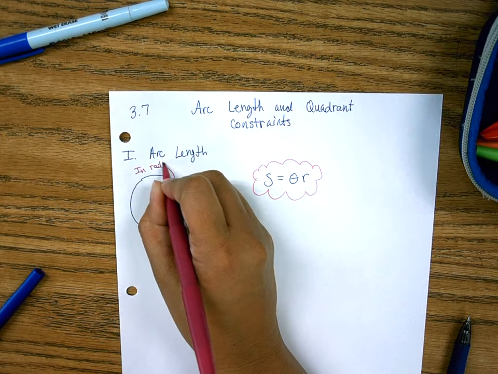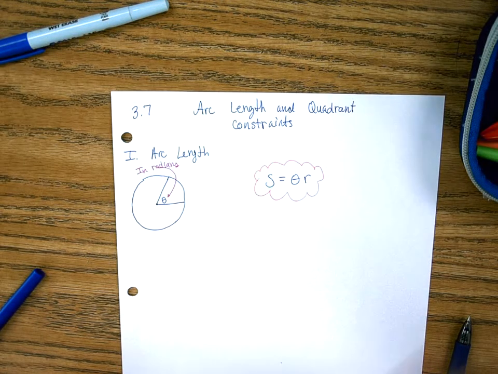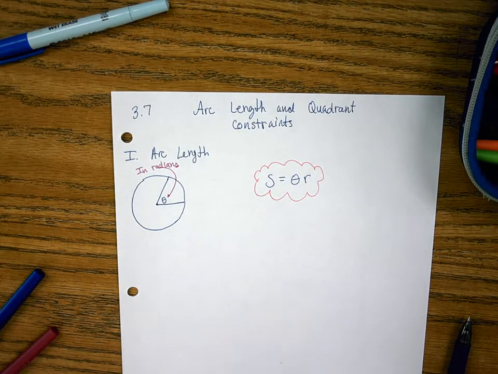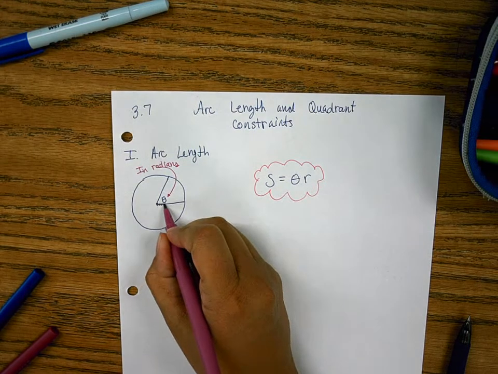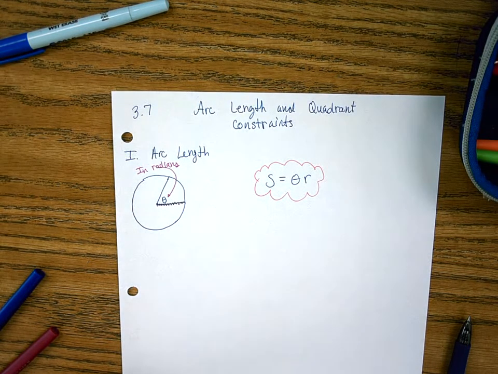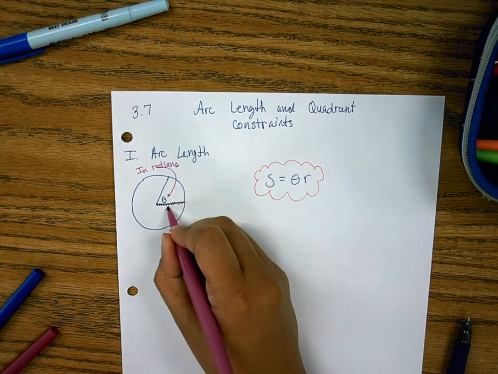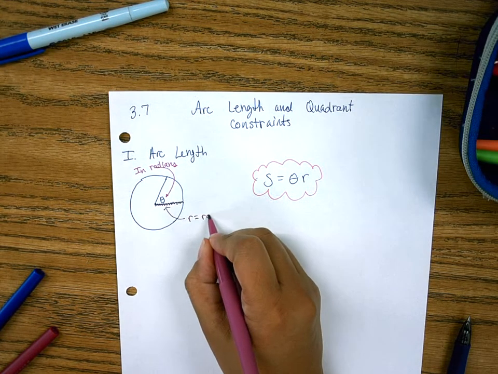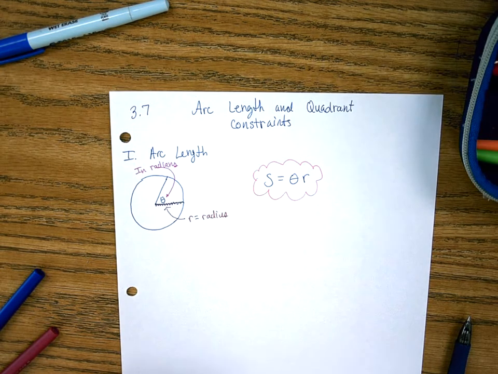You will have to know that for the test, otherwise it will mess you up. Okay, r is what you think it would be, the radius. It's this right here.